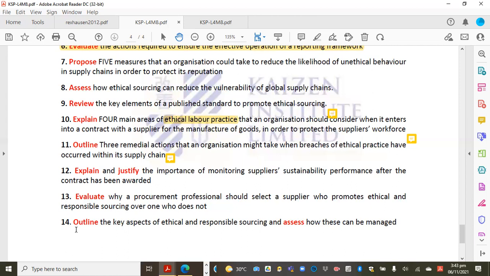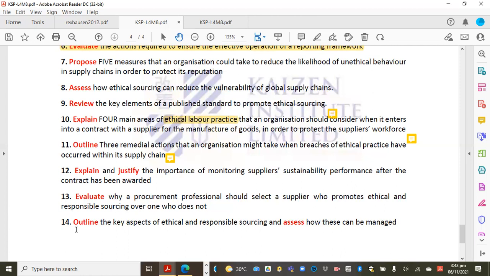Okay. So fraud, corruption, bribery, human rights issues, conflict of interest, environmental factors. Yes, environmental factors are also part.